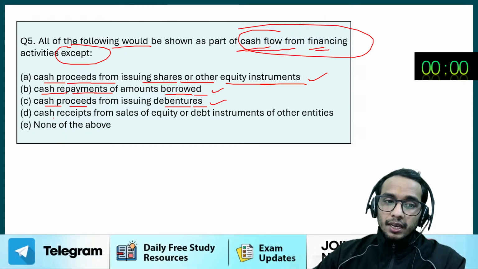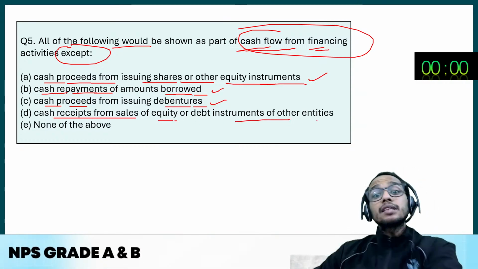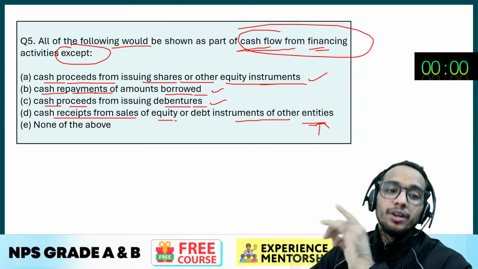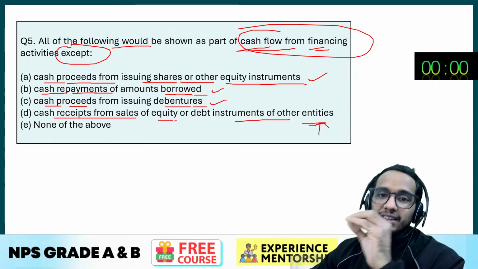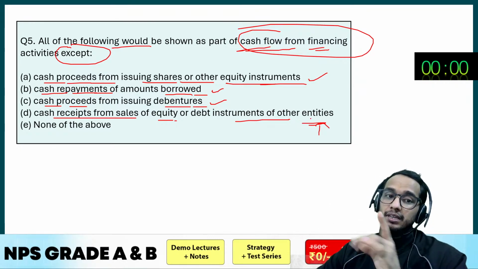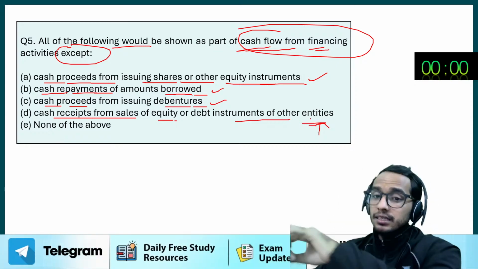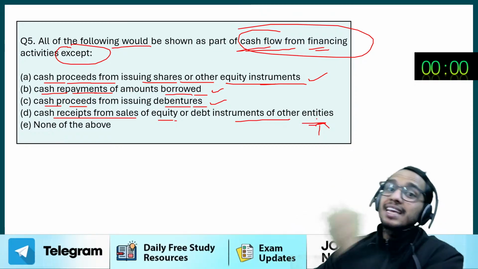D option says cash receipts from the sale of equity or debt instrument of other entities. Now what is happening here? You are a company, but it is saying you have purchased the equity or debt instrument of some other entities, and now you are selling it.